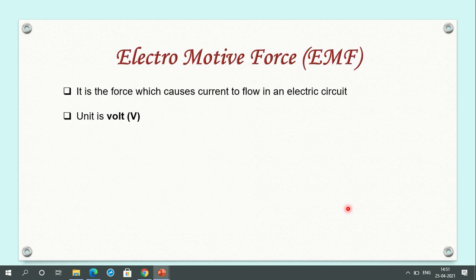The next one is electromotive force, abbreviated as EMF. EMF is the force which causes current to flow in an electric circuit. So it is the force that causes current to flow in an electric circuit.